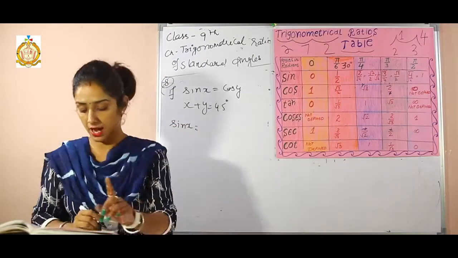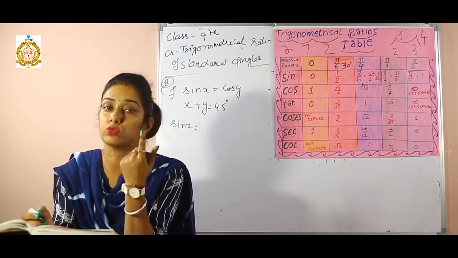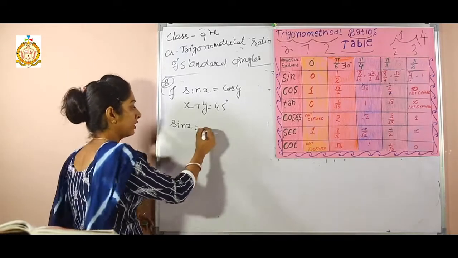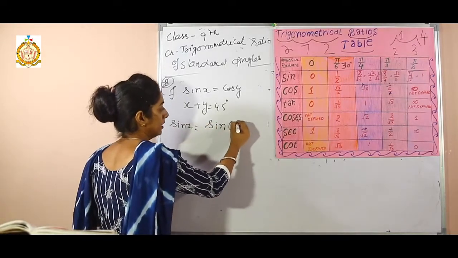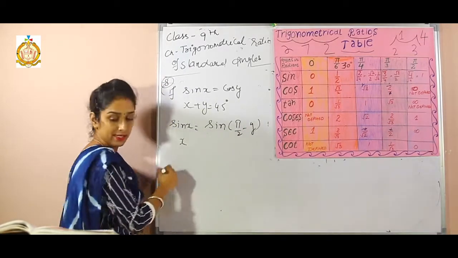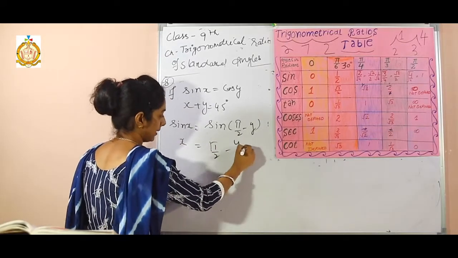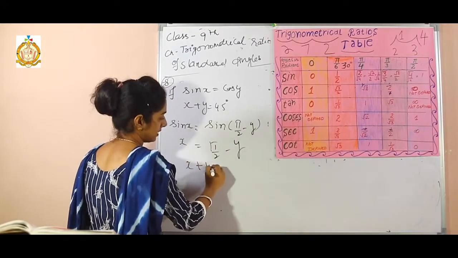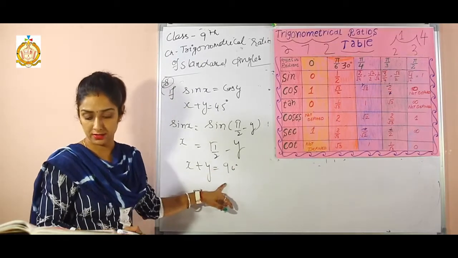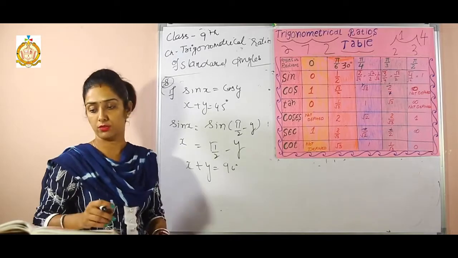If we have to convert cos to sin, we should subtract it from 90 degree. So we can write it as sin of pi by 2 minus y. So x is equal to pi by 2 minus y. x plus y is 90 degree. So this is wrong. So it is false.